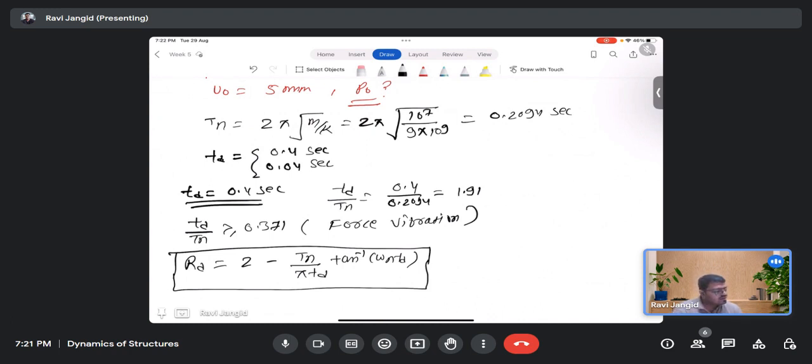Omega n you can also calculate, 2 pi by Tn, so I am getting around 30 radian per second. So you have omega n, Td, Tn and pi. Can you get me the RD? Keep your calculator in radians so that you can evaluate tan inverse of omega n Td in radians.